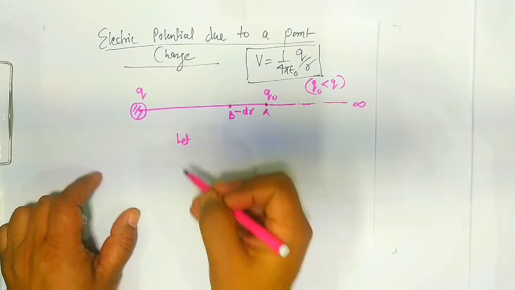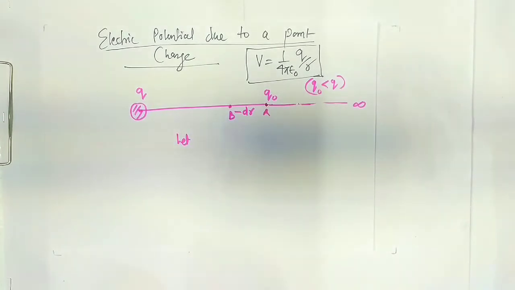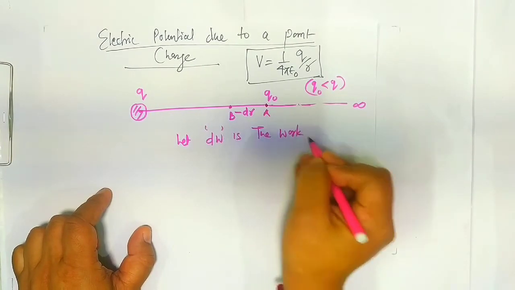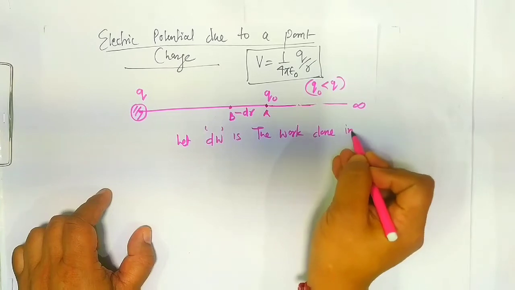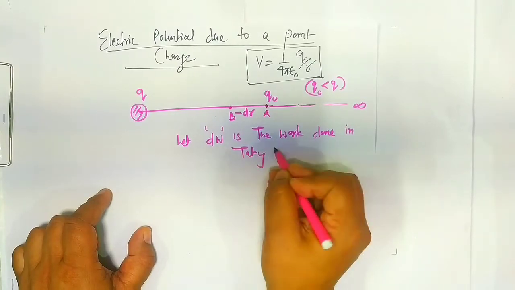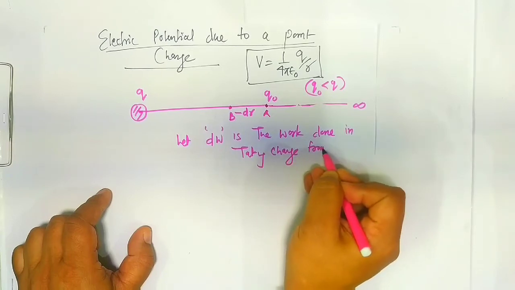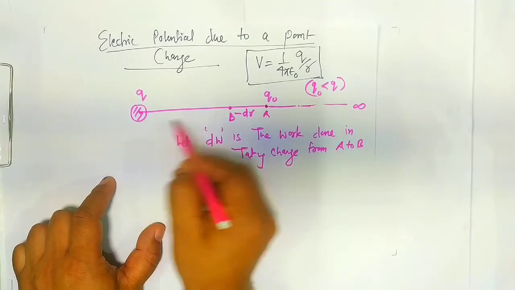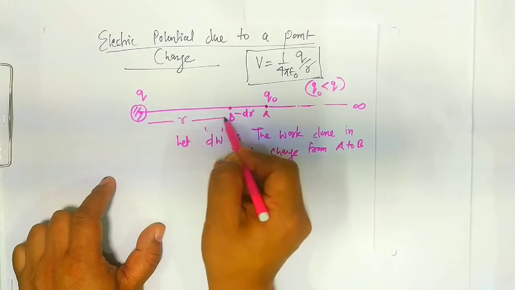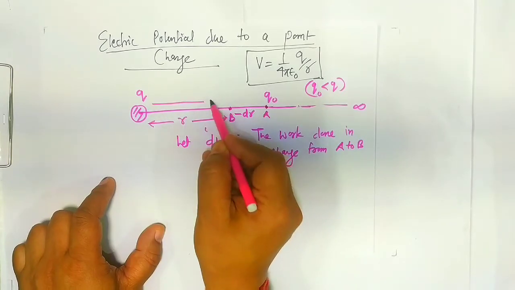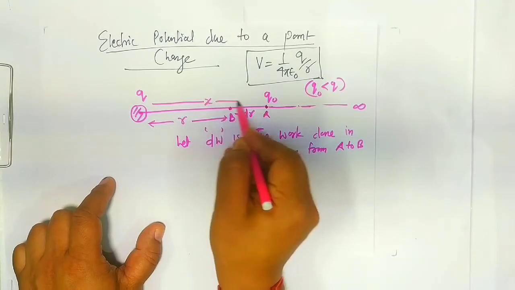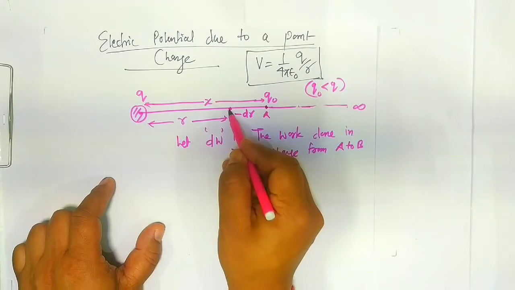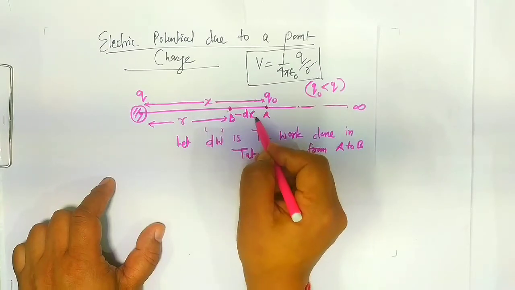So we know that let dW is the work done in taking charge from A to B. Right now we are taking, and this distance is R, and this distance is say X. So we are going to take it from infinity to B point, and this is X, so we can take it dx.